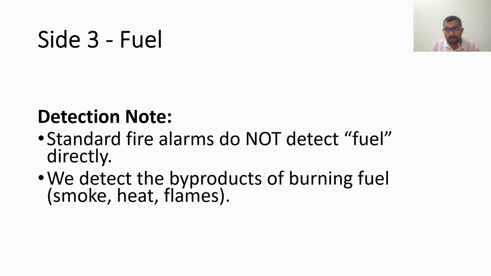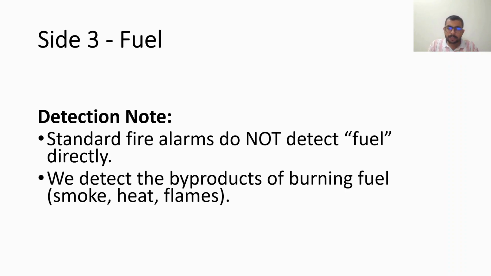These are some of the byproducts when you burn a fuel. Now there are exceptions, like the leak detection system. That is when the fuel is leaking somewhere from the system, we have a separate device for that. But in terms of detecting a fire from a fuel, we detect the byproducts of the fuel, such as smoke, heat, and flames.